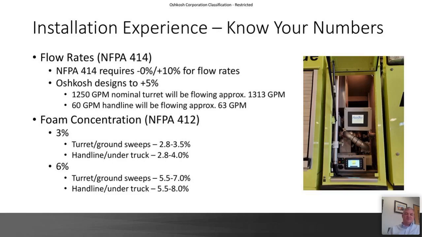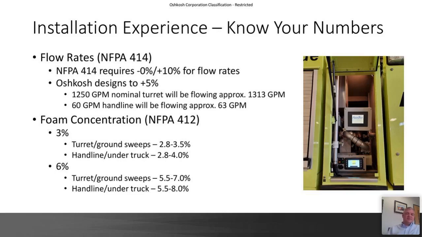And if it's that plus 5%, you'll see 1313 GPM. So just as people have gotten into this and thought it's a 1250 roof turret, and they've actually seen higher flow rates, really that's because we're overshooting for that percentage just to make sure that we fall in the accuracy percentage for NFPA.